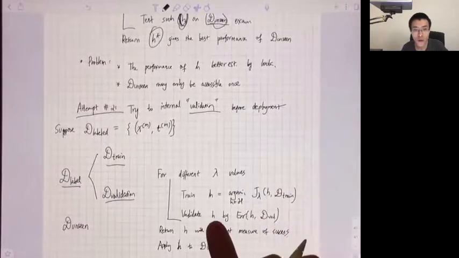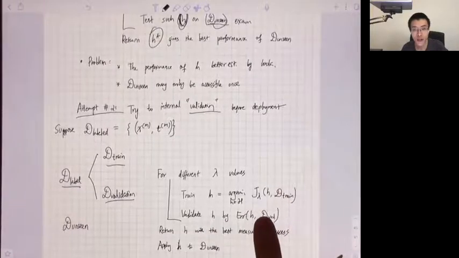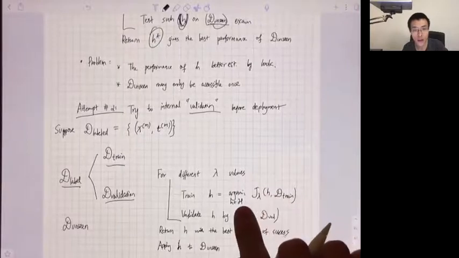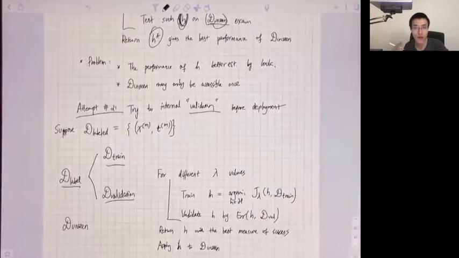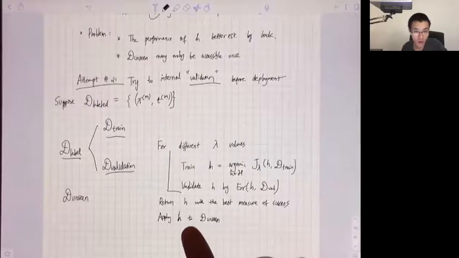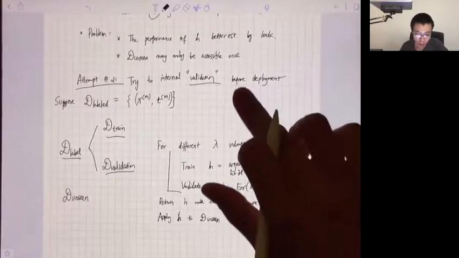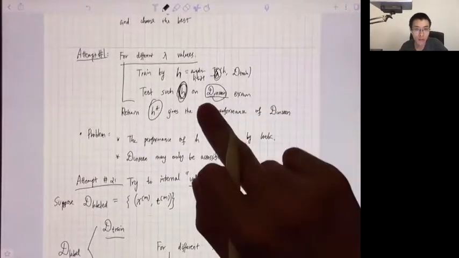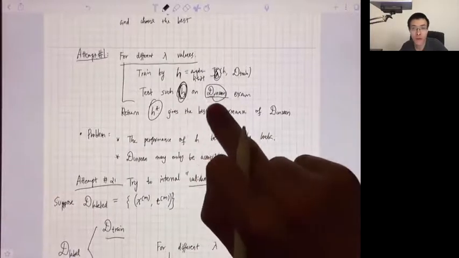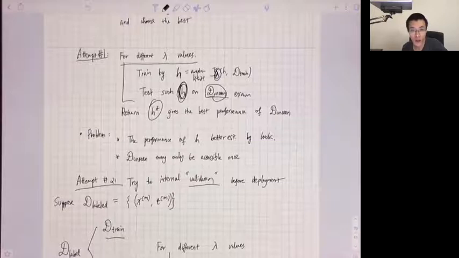If you believe the validation is not so good, the measure of success is not so good, you can try different lambdas, or you can even tune your J or tune your hypothesis class H. You can try everything until you are satisfied, then you apply it. And you also know that the performance on the D-unseen is real, right? But in the earlier approach, if you pick the best h on D-unseen many times, then the performance of h on D-unseen is inflated because of luck.